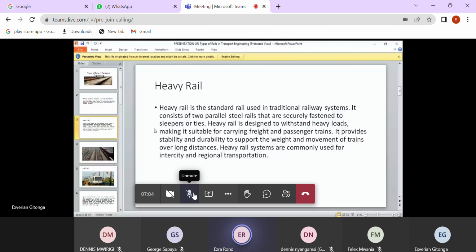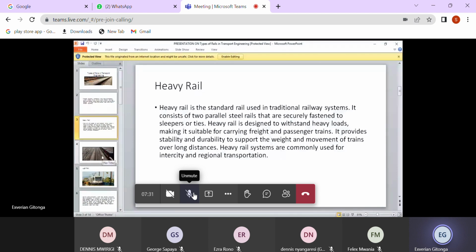It consists of parallel steel rails that are securely fastened to sleepers or ties. That's good. Now, they are designed to withstand heavy loads, thus making it suitable for carrying passengers and other trains. So they mainly provide stability and durability to support the weight and movement of trains over long distances.